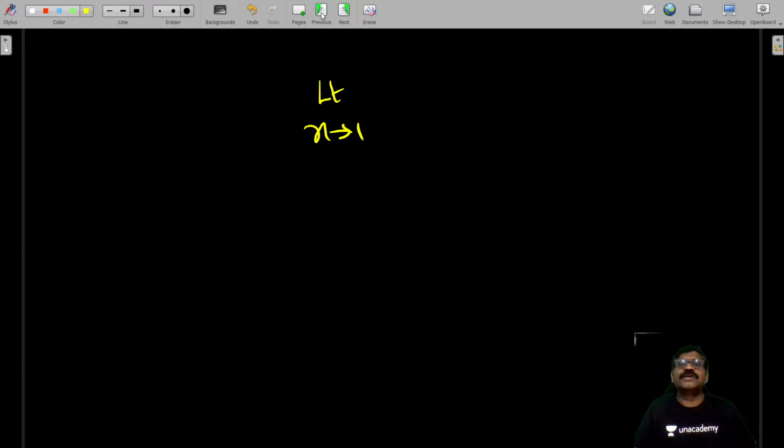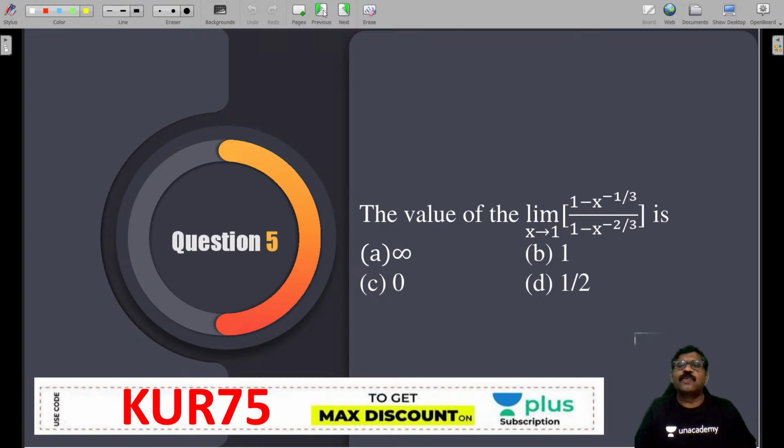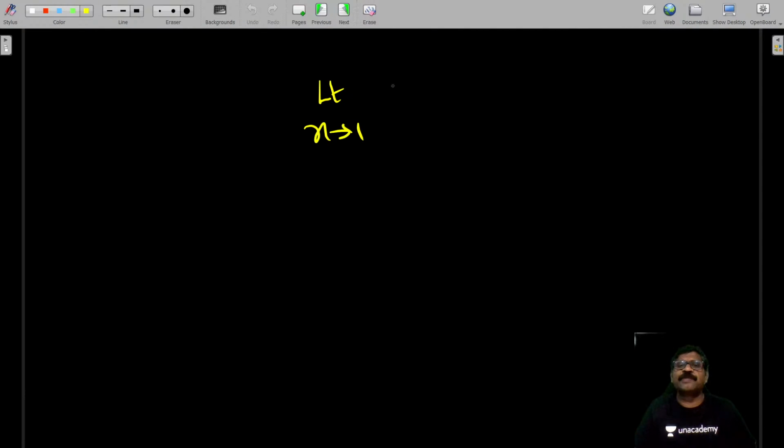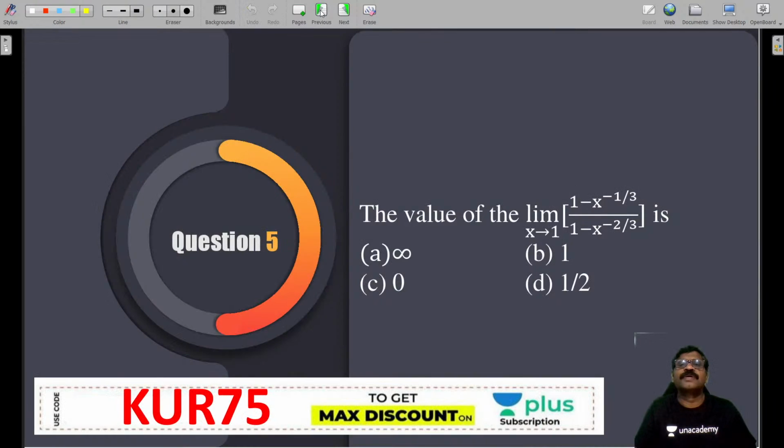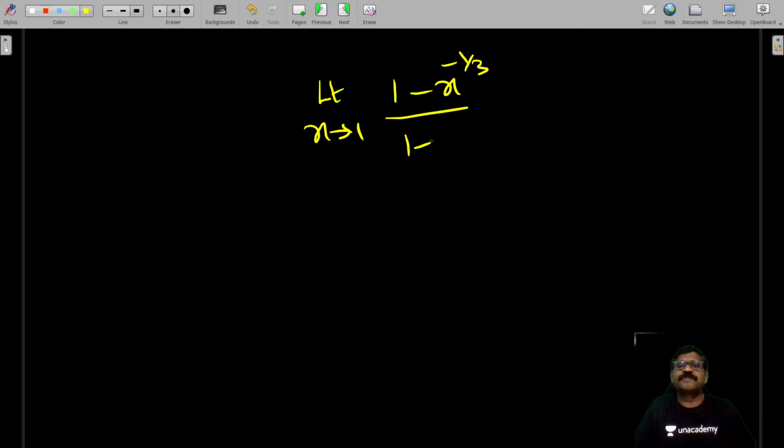Limit x tends to 1, 1 minus x power minus 1 by 3 by 1 minus x power minus 2 by 3.